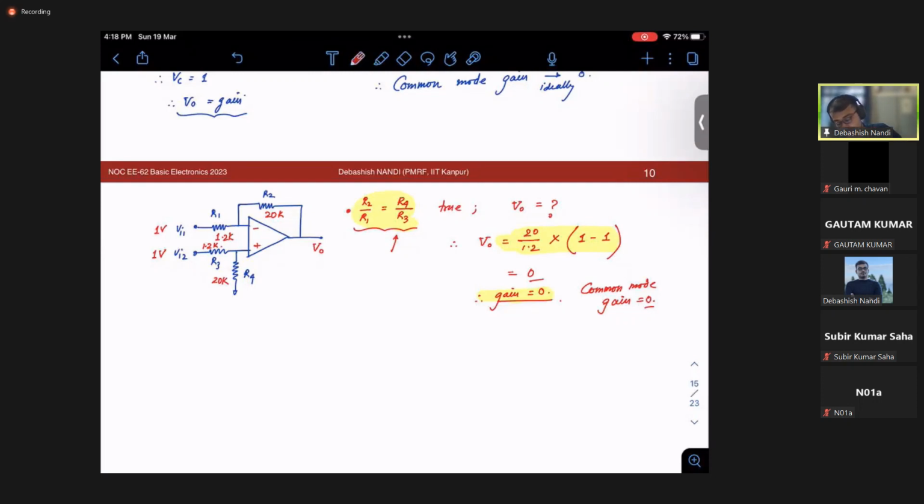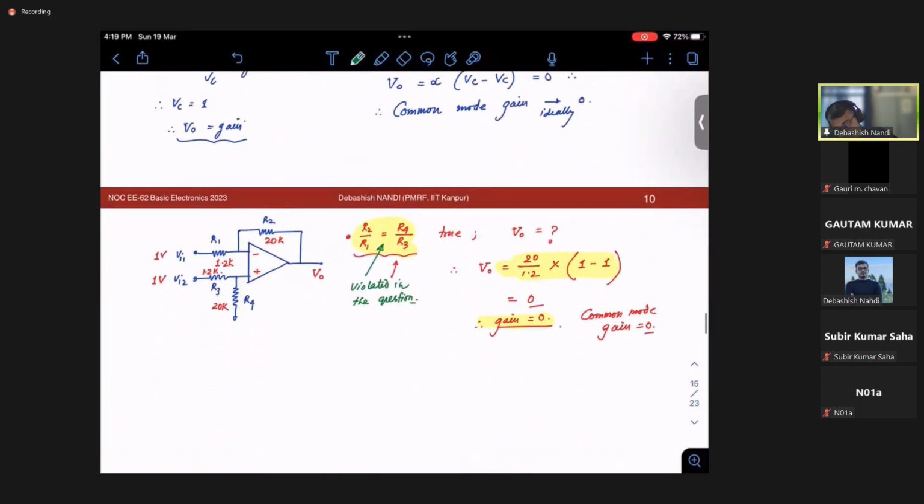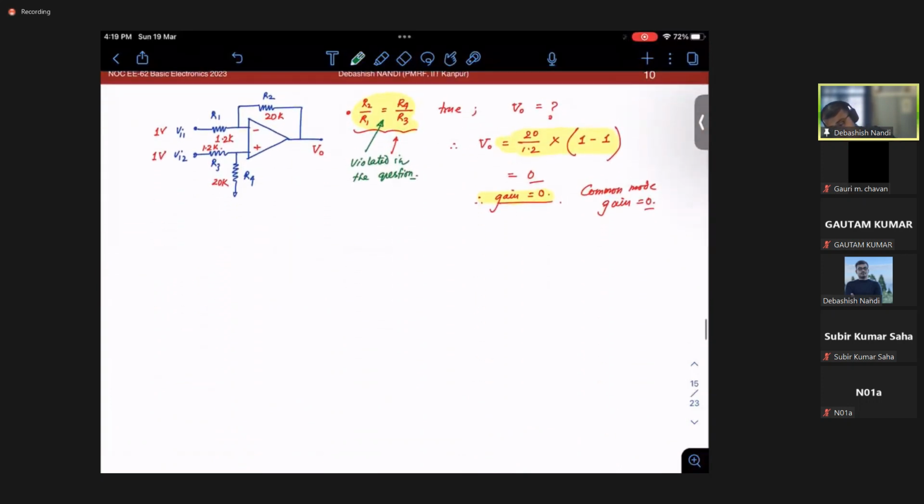Okay, so let us see how to go about this. They have said that R1 is 1% larger, right? So my circuit would be: this is 1.2, this is 20, this is 1, this is 1, this is 1.